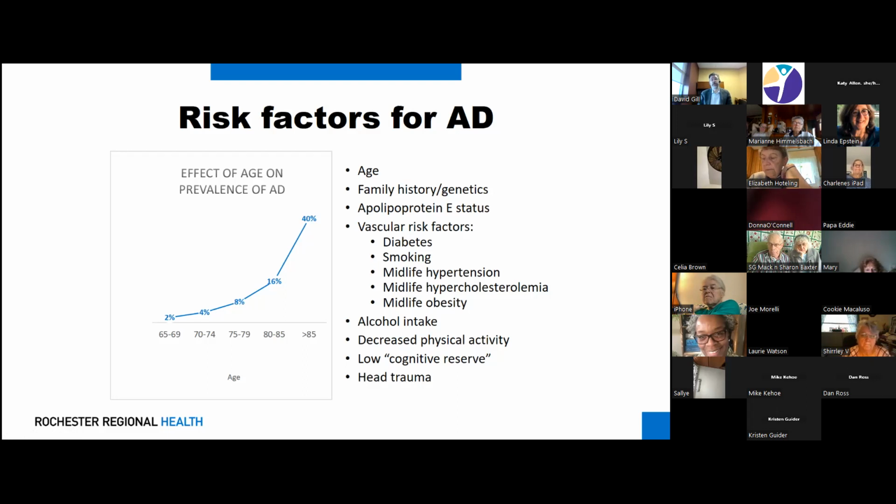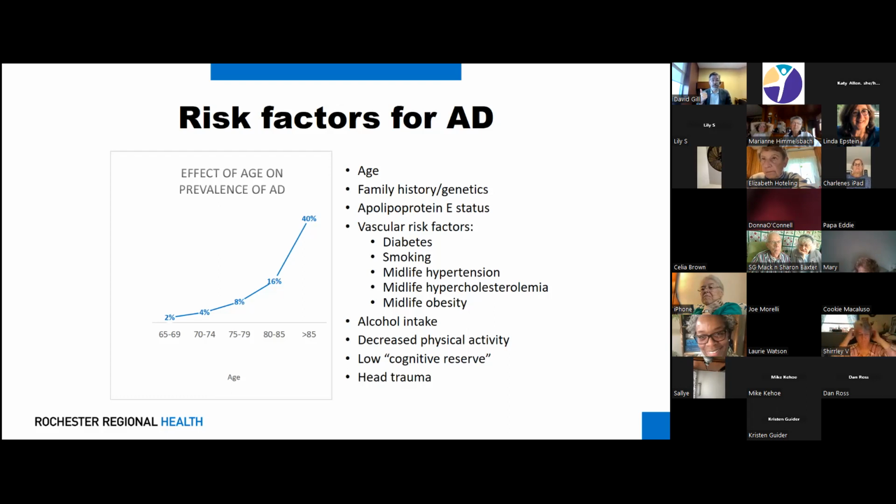There are certain genes we can test for that will increase the risk if we have it, that's apolipoprotein E. What I think is most interesting, though, is that the same things that increase the risk of vascular disease, whether it be stroke, heart attack, or peripheral vascular disease, also increase the risk of Alzheimer's disease. So there's something about Alzheimer's disease that overlaps or interrelates with strokes and disease of the arteries.